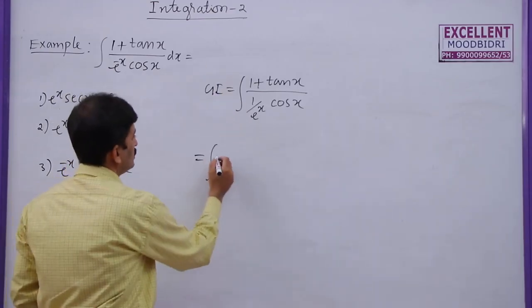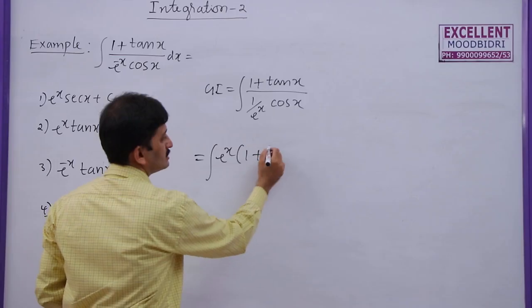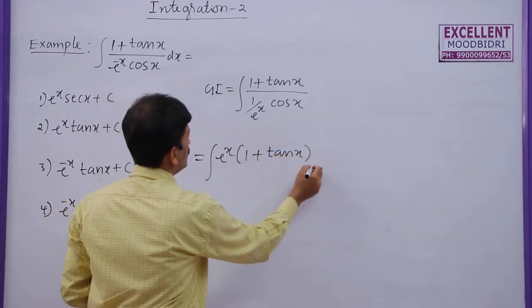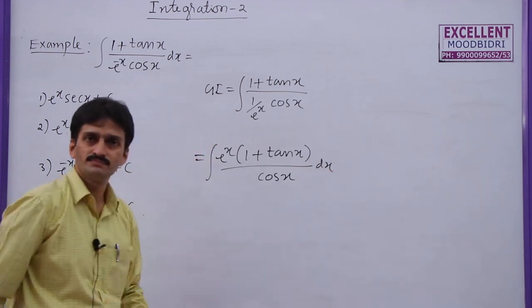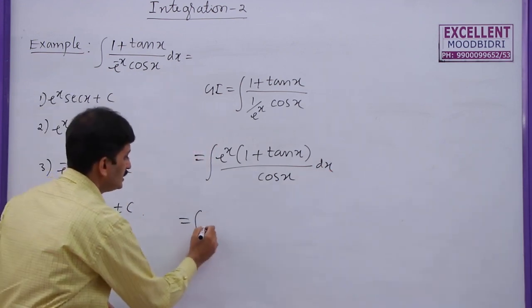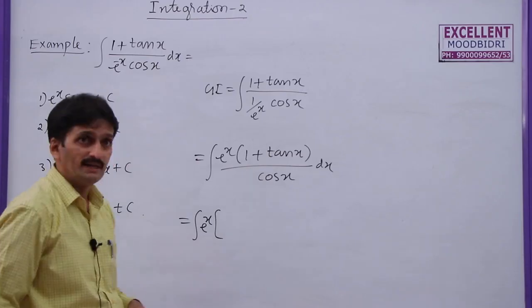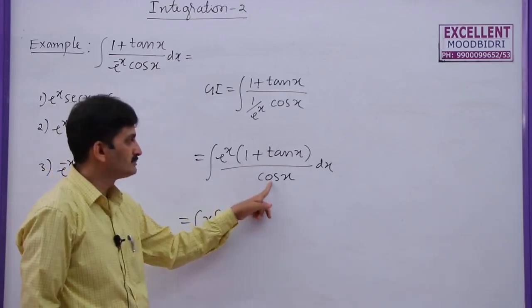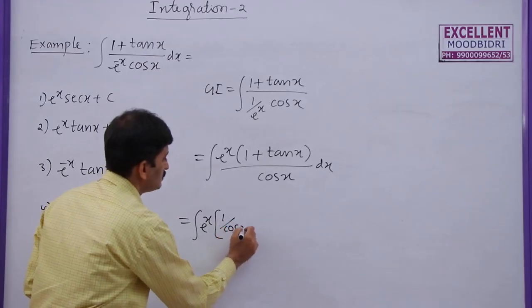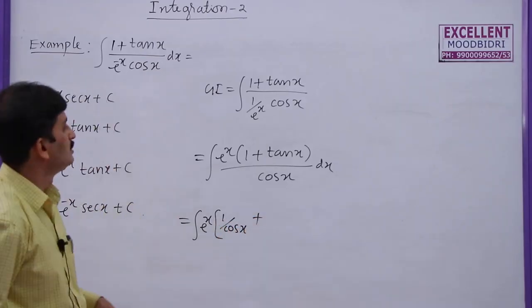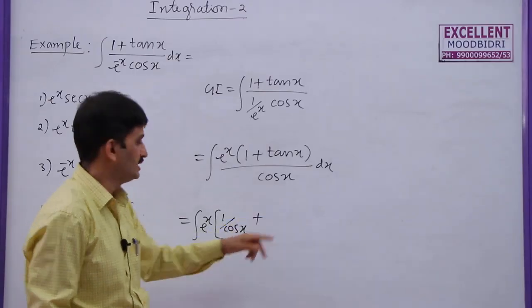That is e power x into whole thing. So 1 plus tan x divided by cos x dx, correct? That is integration of e power x into, now split, 1 by cos x plus tan x by cos x, correct?